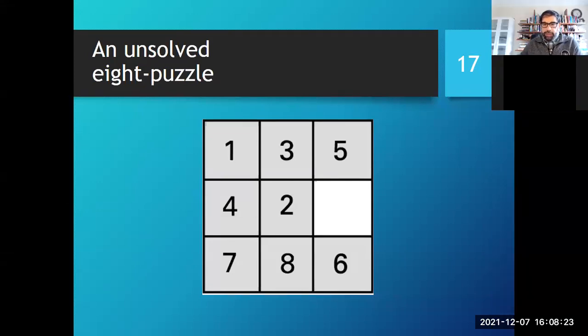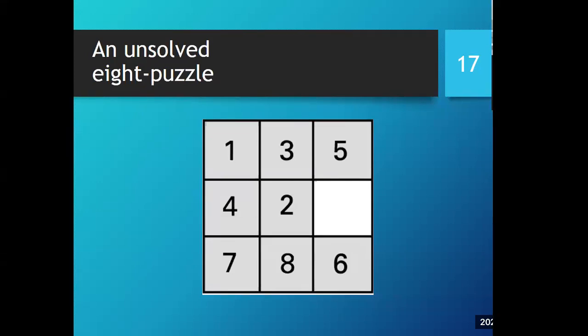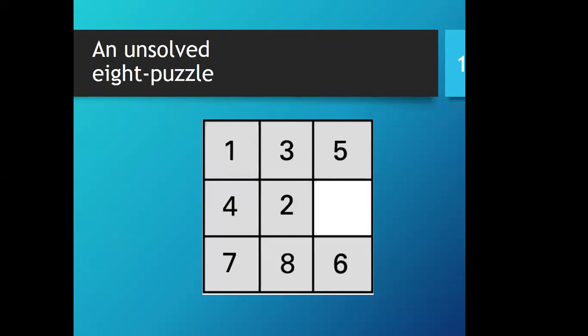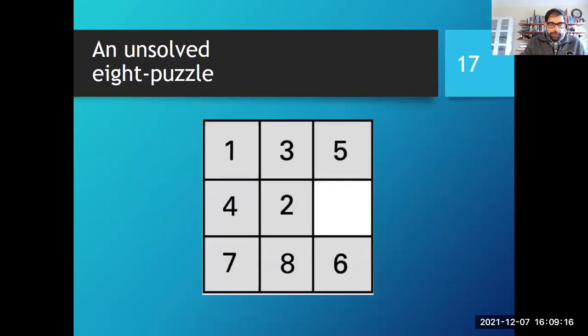So for each tile, there are some legitimate moves available to us, and the control system decides which move is to be made next. So for example, this is a particular state in the system. We can change this state by moving the tiles up and down or left or right.